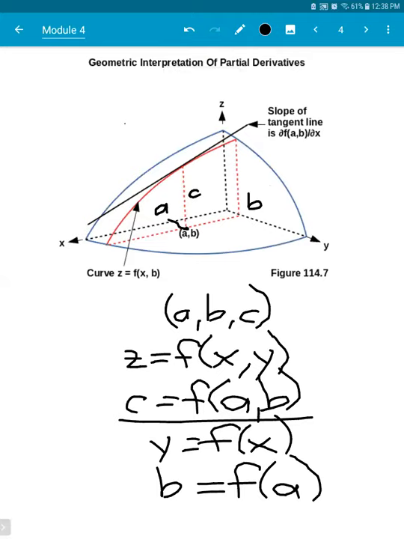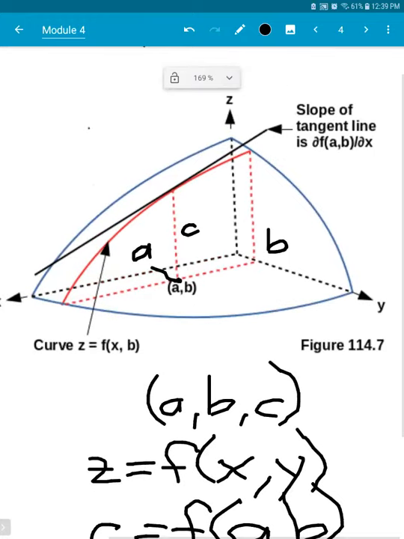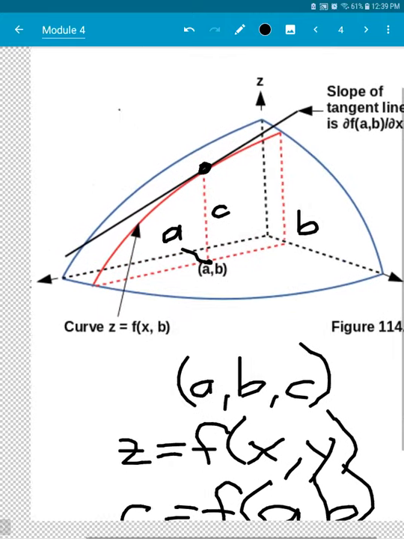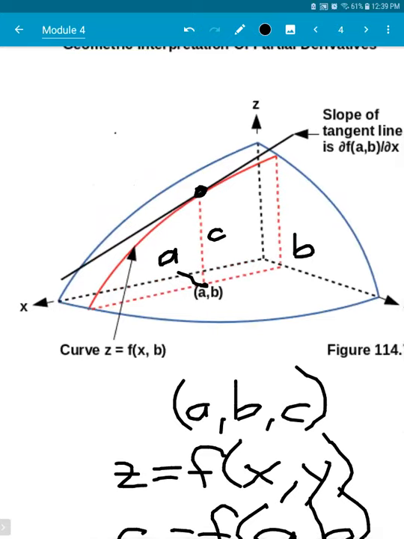Now, it turns out that when you evaluate the partial derivatives with respect to x and with respect to y, since it's now a two-variable function, they will just be geometrically the slopes of the tangents to the surface at point ABC here. And the one drawn there is the slope that is parallel to the x direction.